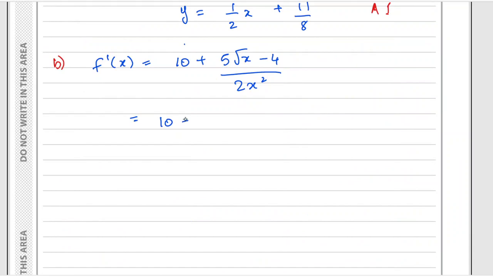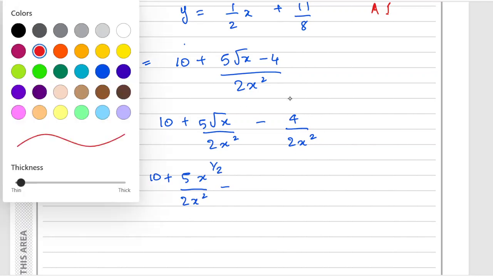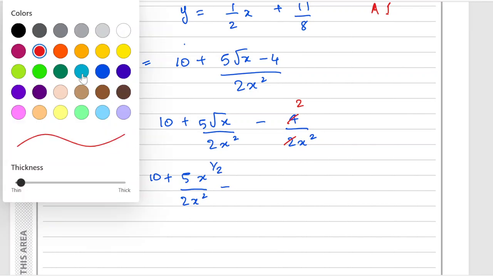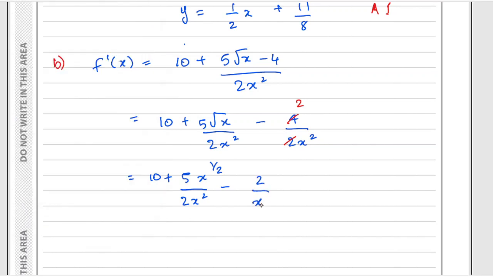So it will be 10 plus 5 root x divided by 2x square minus 4 divided by 2x square. Okay, now root x is nothing but x to the power half, and this is divided by 2x square, and I can cancel off 2, and this gives me 2 divided by x square.